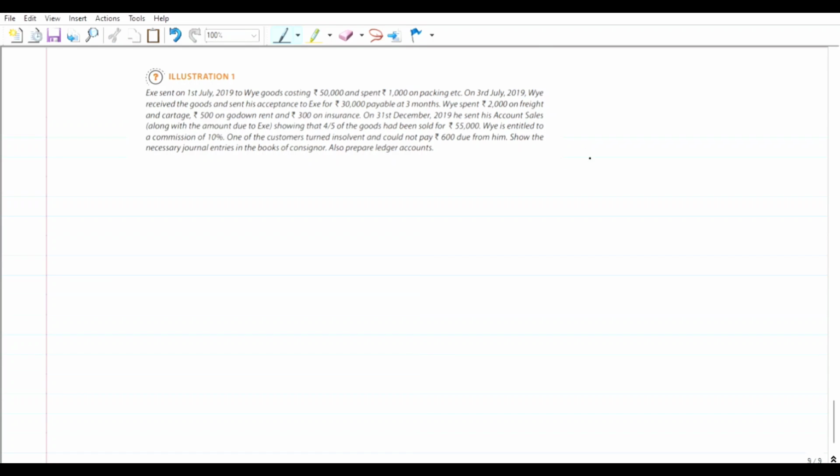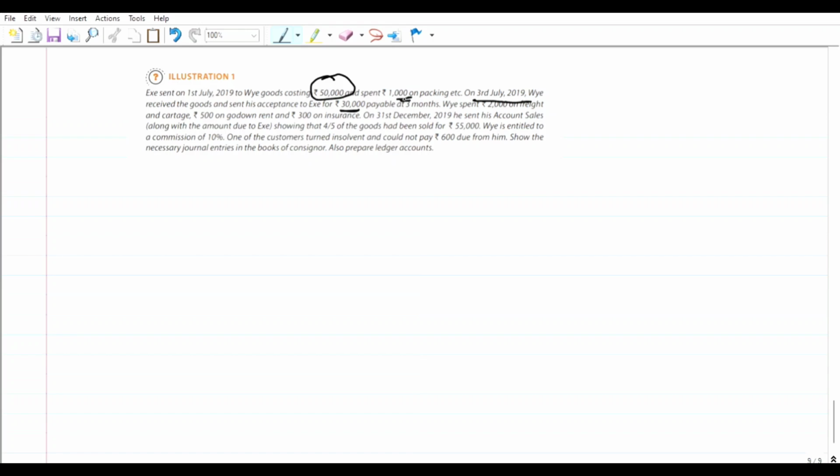From any material we have... Okay, one minute friends. So let us now take an example from the ICAI material. X sent on 1st July 2019 to Y goods costing rupees 50,000 and spent rupees 1,000 on packing etc. On 3rd July, Y received the goods and sent his acceptance for rupees 30,000 payable for 3 months.